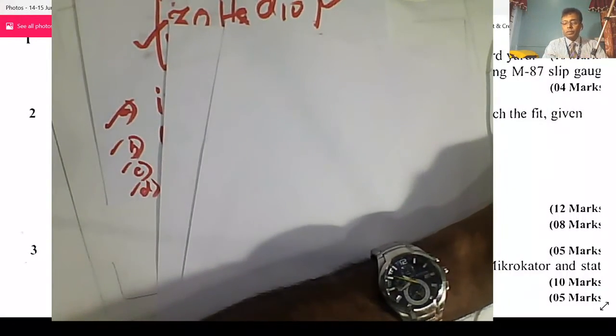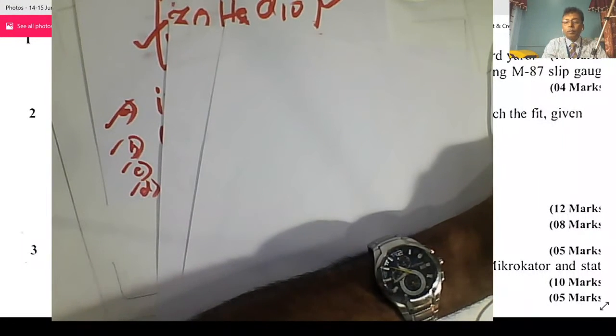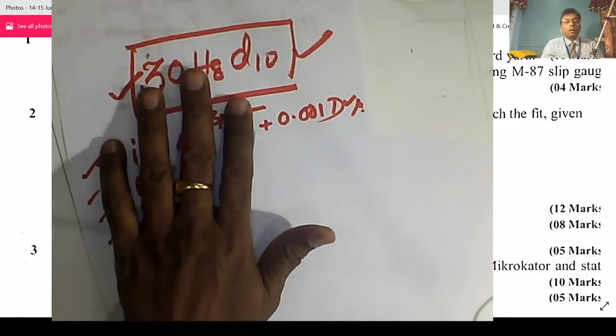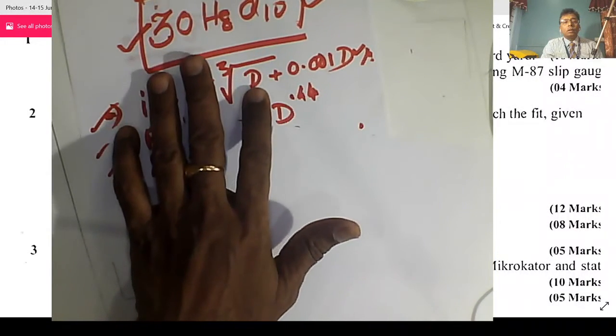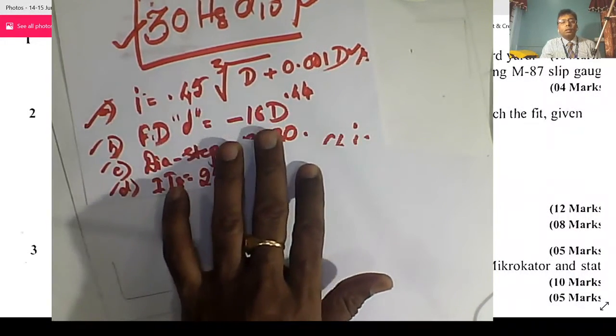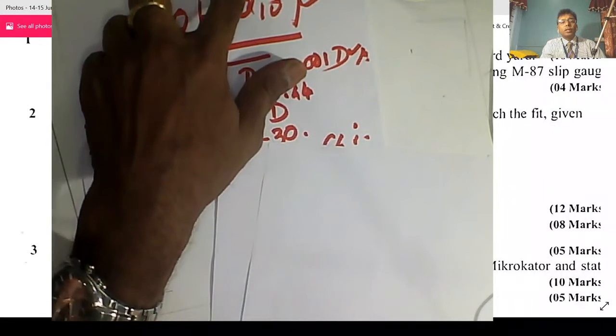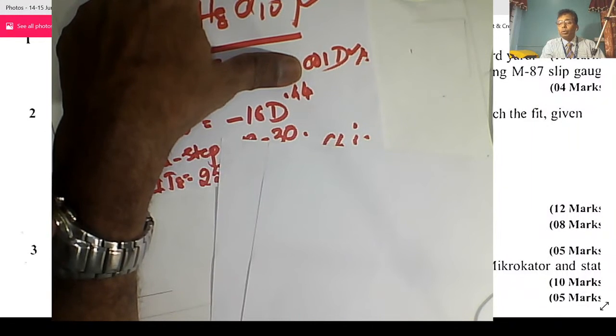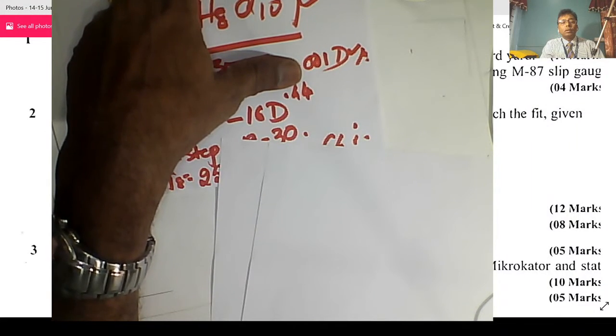Let me see if this is visible to you people, and let me see the feedback. We can't see the problem, sir. I think it is visible here, 30H8D10. This is the problem.